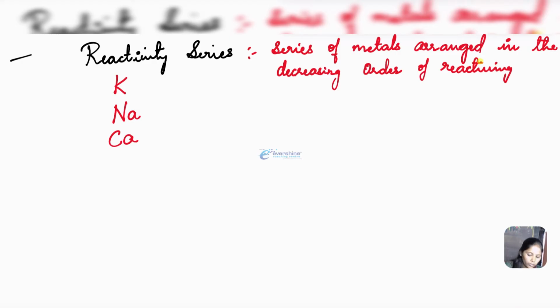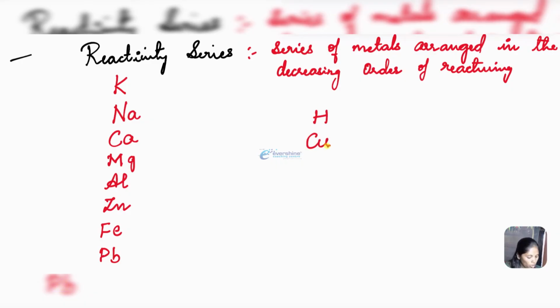You see, potassium, sodium, calcium, magnesium, aluminium, zinc, iron, lead, after lead, hydrogen, copper, mercury, silver, gold. Okay, this is the series of metals. How is it arranged? Decreasing order of their reactivity.